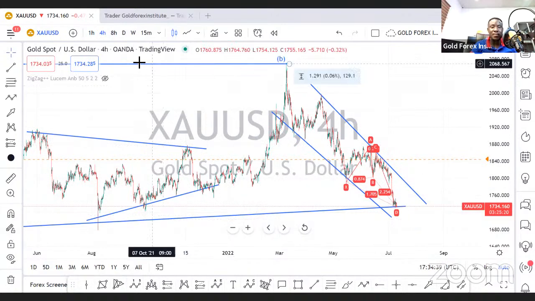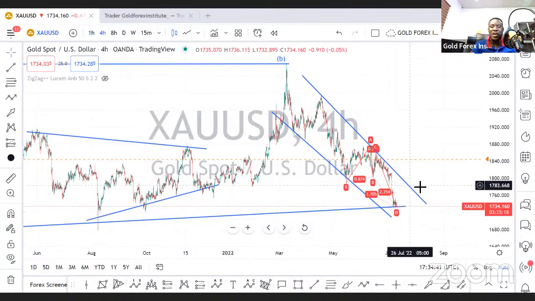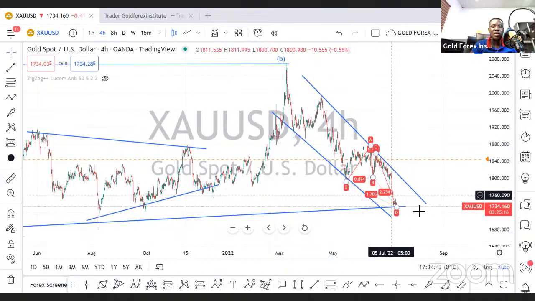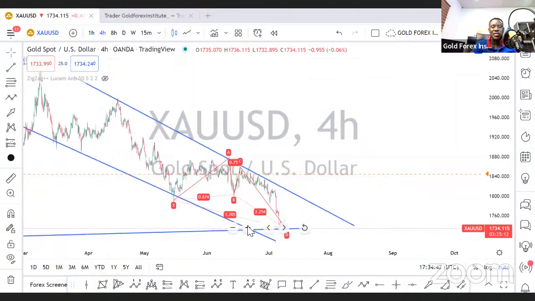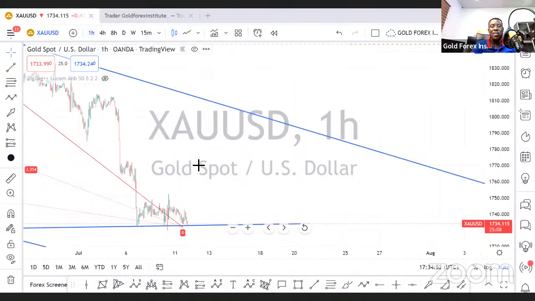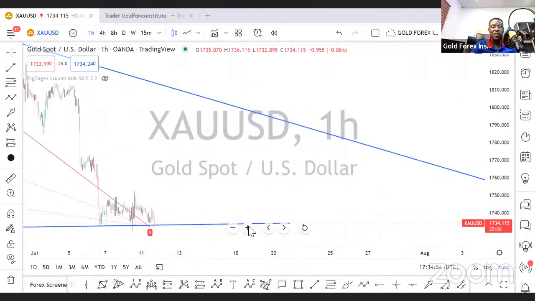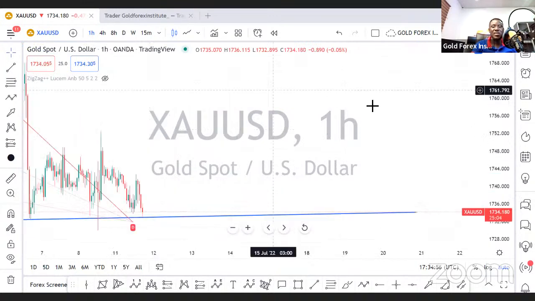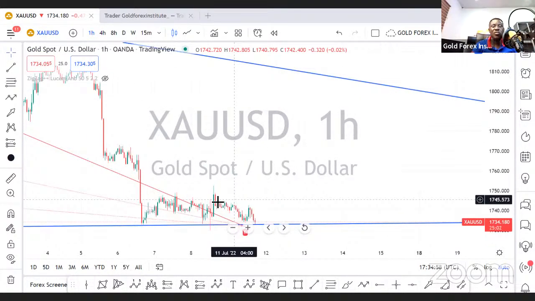So this is it. Let's wait for a breakout of this leg. Or once we have a confluence at the current level, let's look for a buy opportunity. You can't buy now because the market is actually falling. But let's look for something that should tell us to.